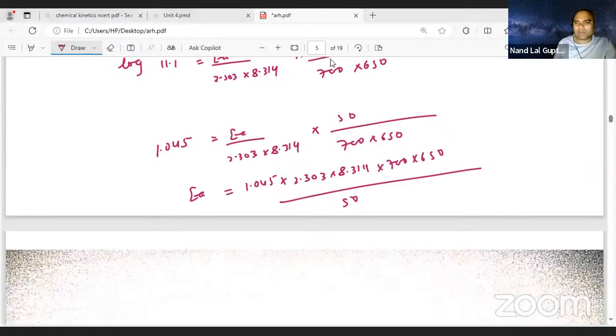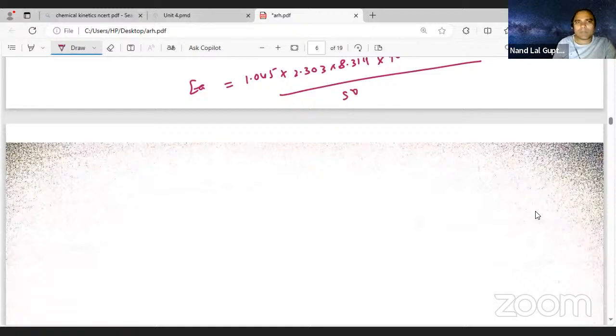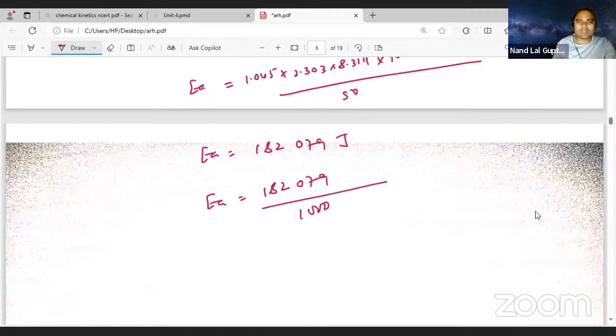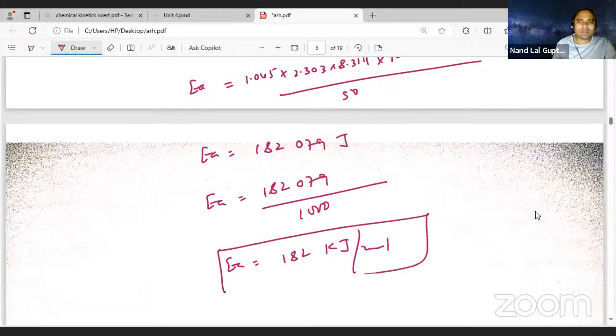The answer is coming: activation energy is equal to 182,079 joule. So activation energy in kilojoule, you have to divide this by 1000. So activation energy is equal to 182 kilojoule per mole. So this is our required answer.